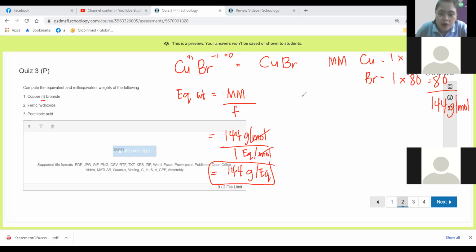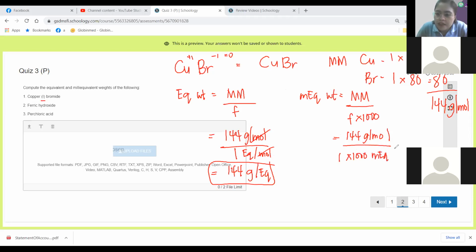And then for the milli-equivalent weight, this is the same but we just have times 1,000 here. So this is still 144 grams per mole divided by 1 times 1,000, but this time the unit should be milli-equivalent per mole. You cancel the mole.